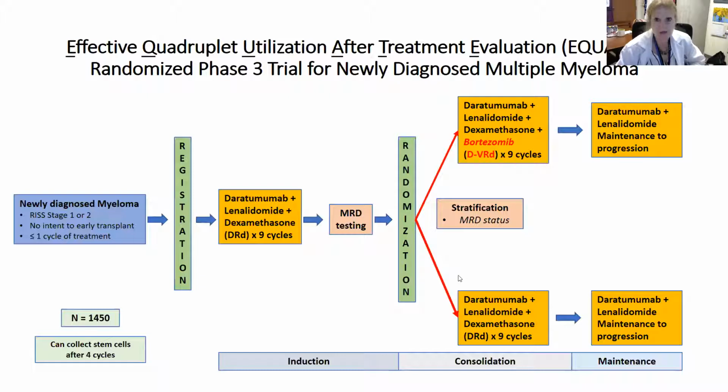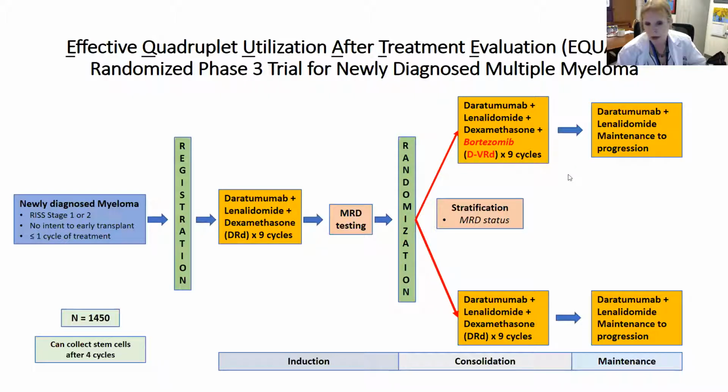In addition, if you are MRD positive at this step, we don't know if you get that extra 9 cycles of chemotherapy. Maybe you're going to be MRD negative at the end of that, and that's fine. So that's the rationale why both MRD negative and MRD positive people will be randomized to each box separately.